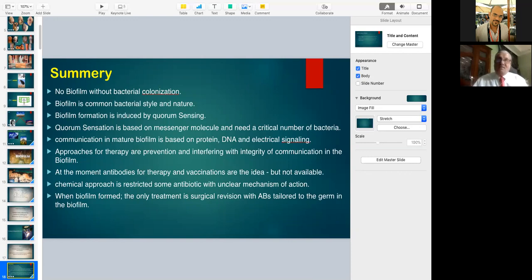And as a summary from the previous lecture, there is no biofilm without bacterial colonization. If you have biofilm, this means you have colonization of bacteria.